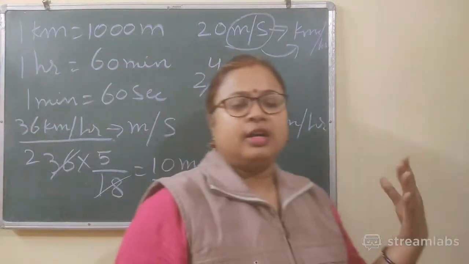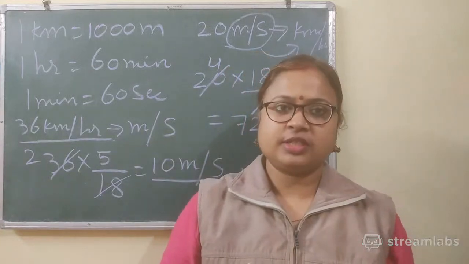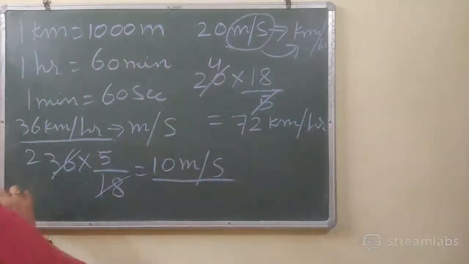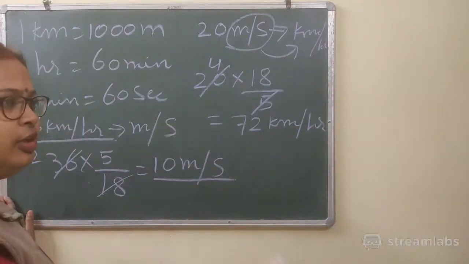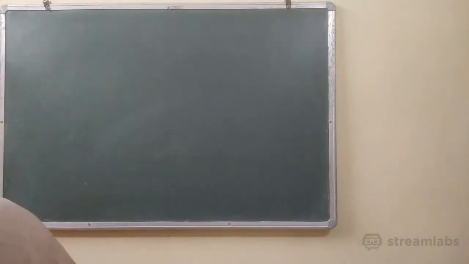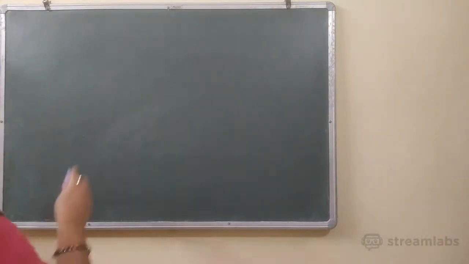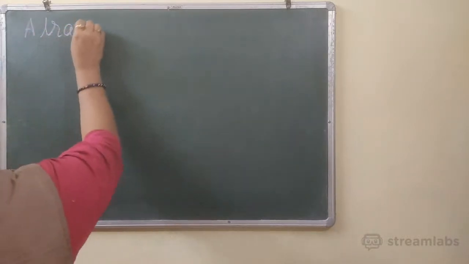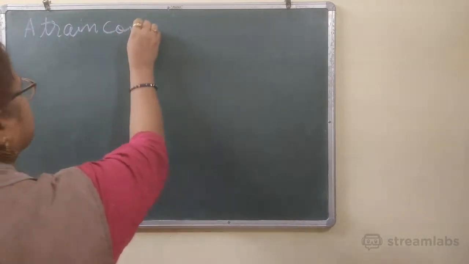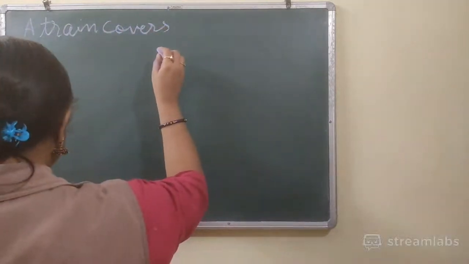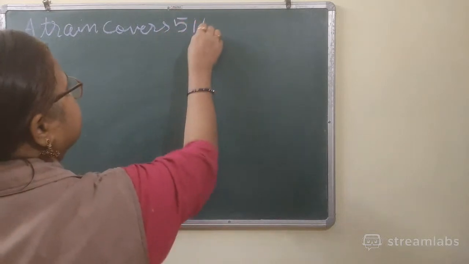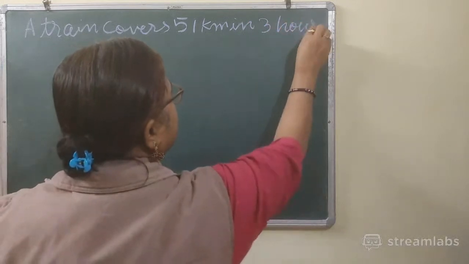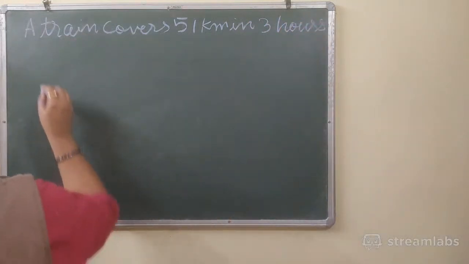Okay? Now let's start doing the questions. Then all the concept will be more clear. So let's start the question. A train covers 51 kilometers in 3 hours.